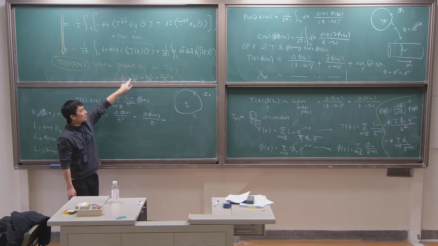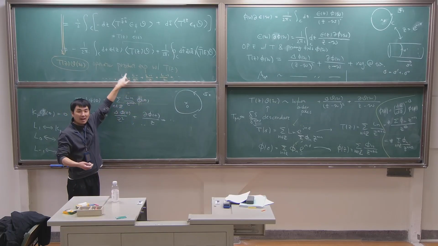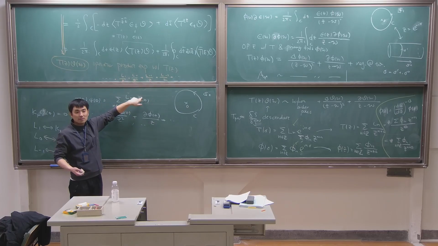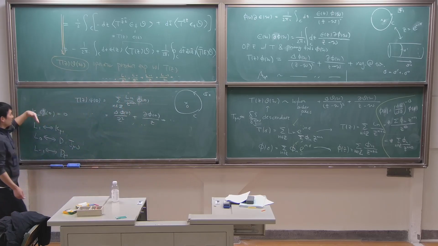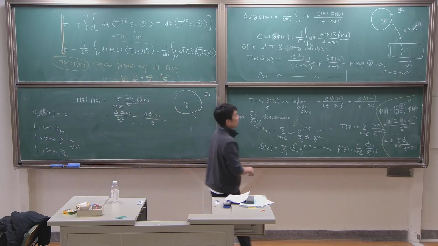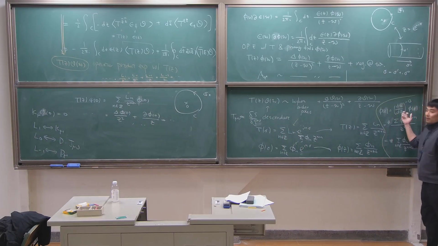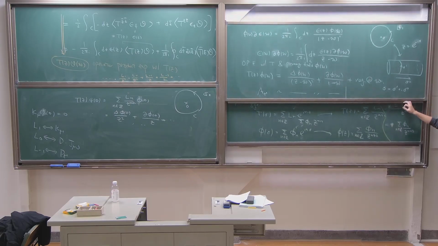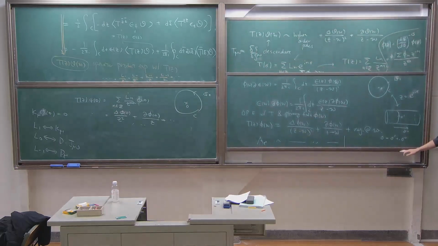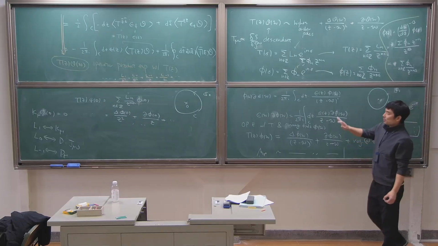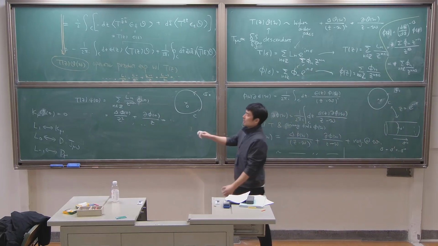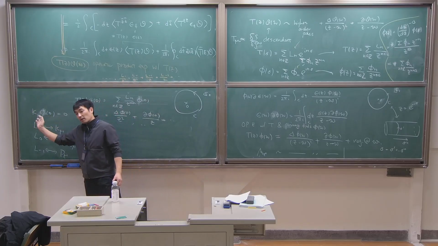L1 acting on phi annihilates it. You get 0, which means L1 annihilates phi. Therefore, you get this condition. So the reason why we define the primary field this way is that the transformation rule under the conformal transformation behaves exactly like K annihilating phi.